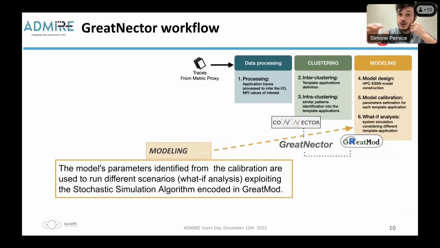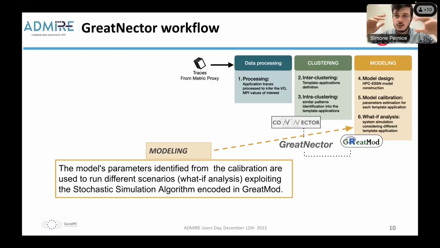Then we can imagine that if we have different clusters, so different template applications, using the calibration we have for each template application a set of parameters. The last point is to use this configuration in order to build a system and simulate it using different cases.